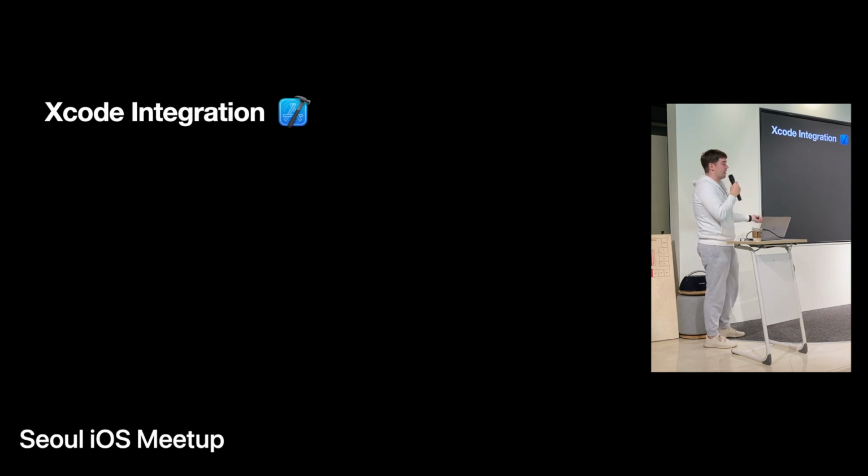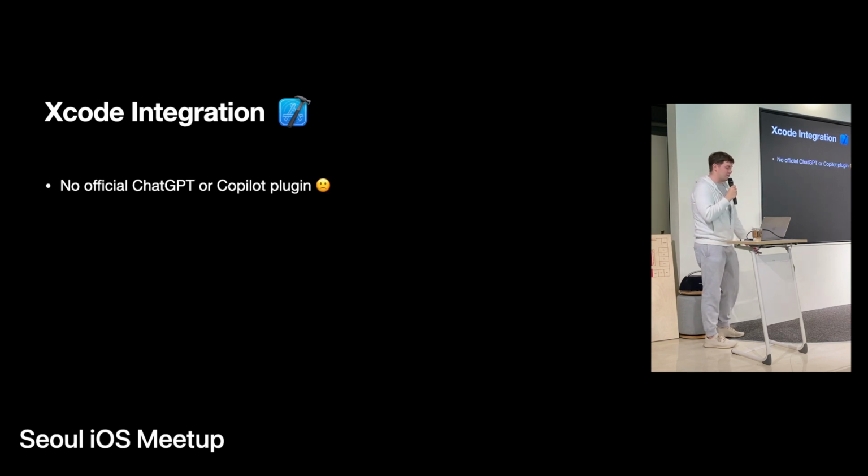The big thing, Xcode integration. Sadly, no official ChatGPT or Copilot plugin. If you want to go the official way, what one of my coworkers does is have Xcode open on half the screen, and then open the same file in Visual Studio Code.